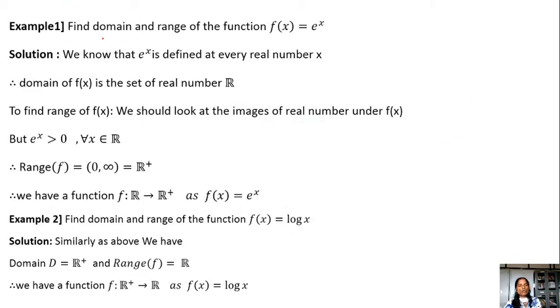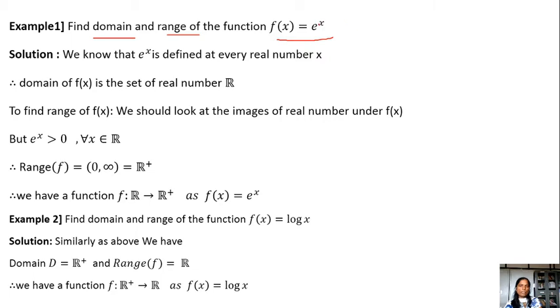Find the domain and range of the function f of x equal to e raised to x. So this is your exponential function. We have to find the domain, meaning we have to find the values of x for which this function f is defined, meaning the values of x for which e raised to x exists. If you put x equal to 0, what is e raised to 0?